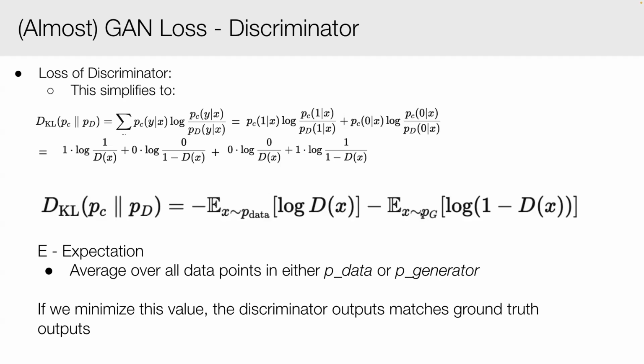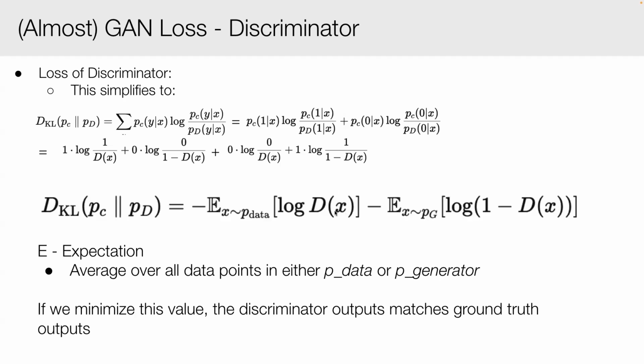If we sample an image from the generated data set, we want to minimize this, so 1 minus D of x will be minimized if D of x is equal to 0. Okay, so again, this literally just corresponds to our labels, right? We want it to equal 1 if it's a real image, 0 if it's not, straight from the labels.